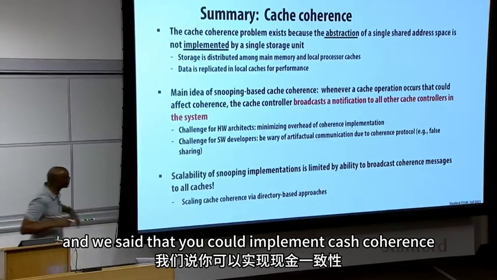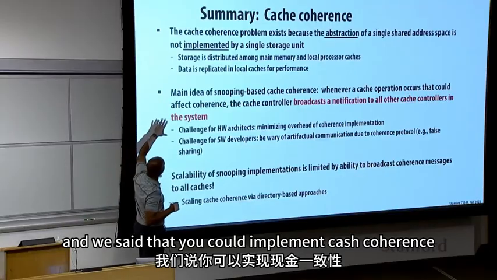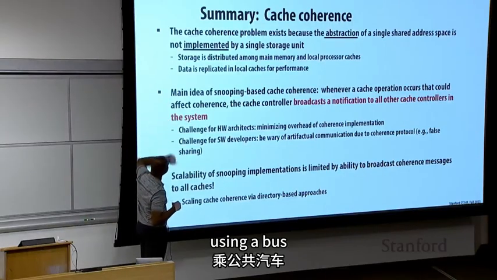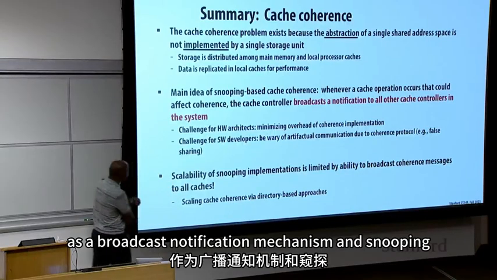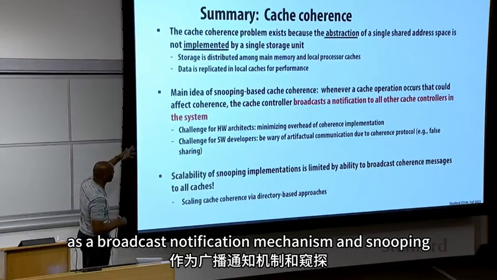And we said that you could implement cache coherence using a bus as a broadcast notification mechanism and snooping.